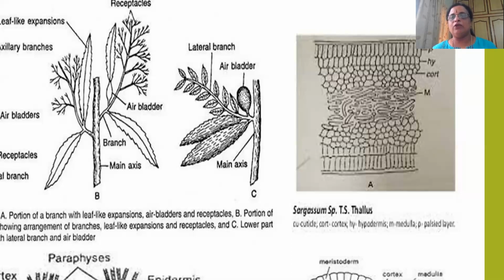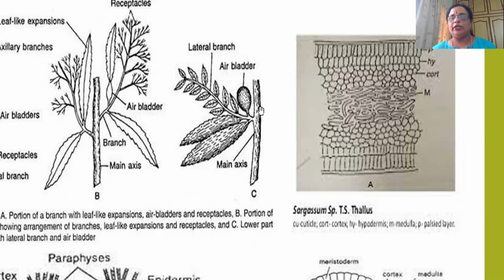And also they have some granules inside them. These are called fucosin granules, the reserved food materials which you could find in these particular cells. The main function of these elongated cells in the hypodermal region is photosynthesis as well as the storage of reserved food material in the form of fucosin granules.